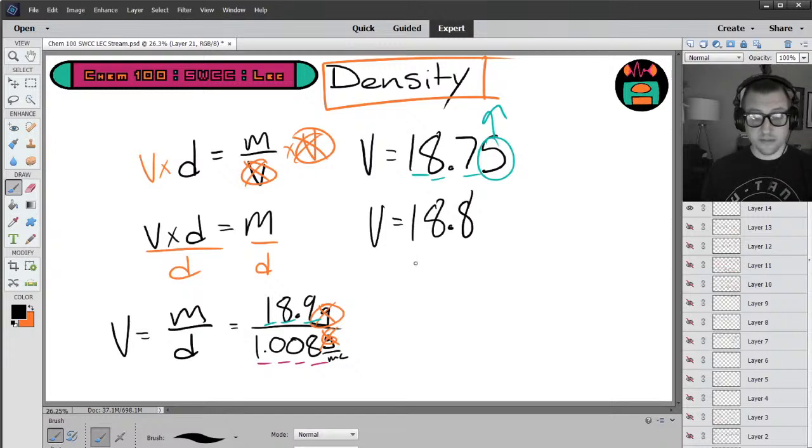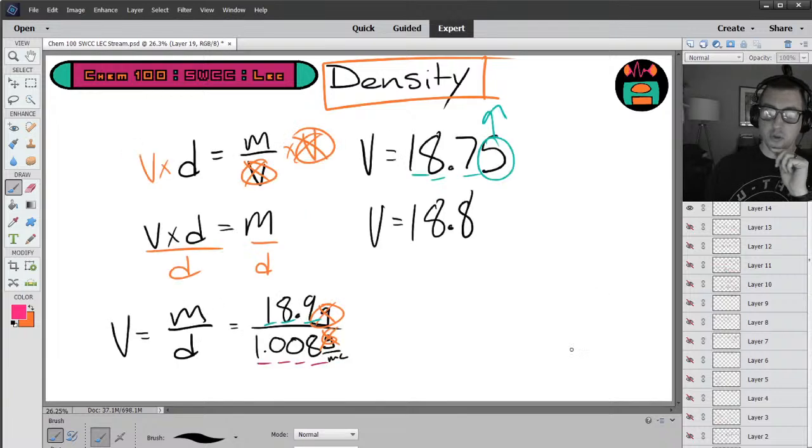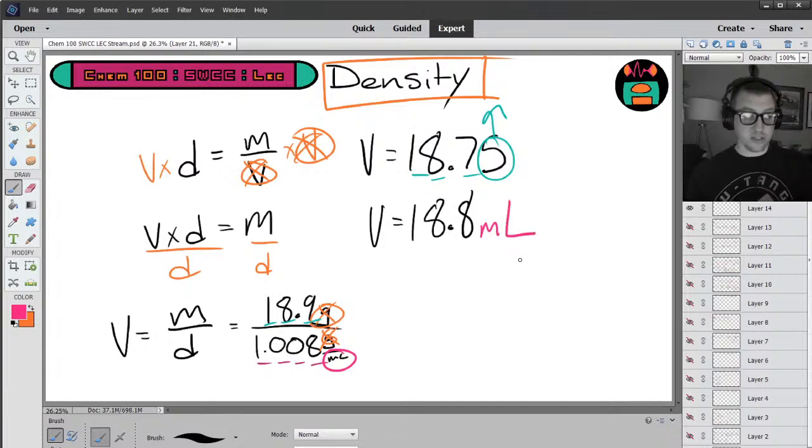Now what units? You have to be careful here, because when you look back at the original problem, I asked for the volume in liters. But when you look at where we are mathematically, what volume unit do we have here? We have milliliters. So this is 18.8 milliliters.